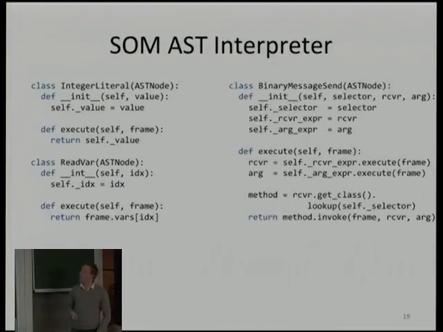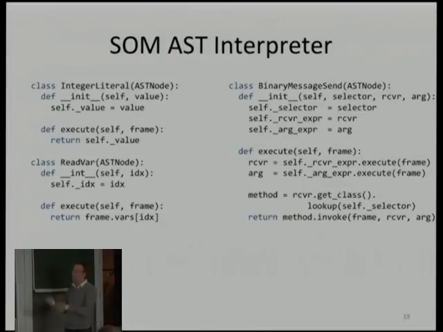And then we can even look at something more complex here, a message send. What's a message send doing? You have a receiver and maybe an argument, right? So if you have a binary message send, what do we do? Well, we simply execute the receiver expression, because the receiver is going to know what actually it has to do to return us a value. And the same with the argument expression, you also just return that.